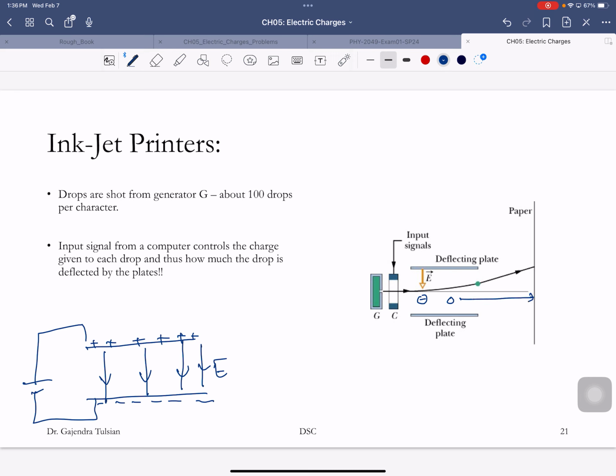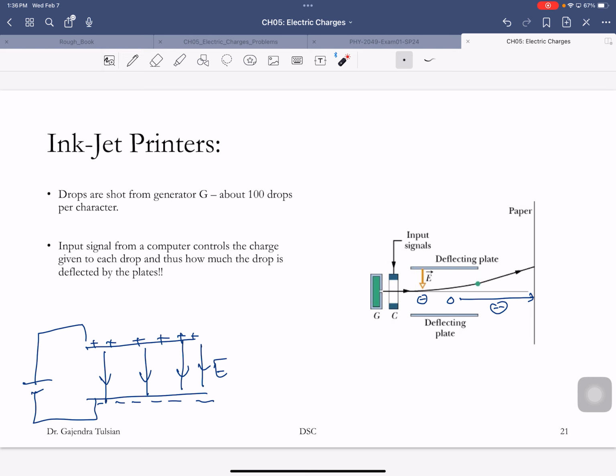What do you do if you have to deflect it more? You give it more charge. Input signals from a computer control the charge given to each drop, and thus how much the drop is deflected by the plates.